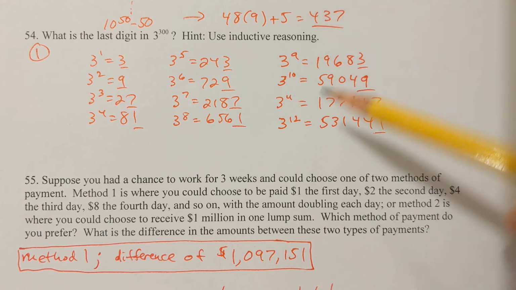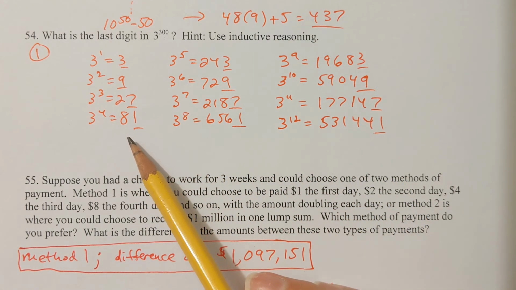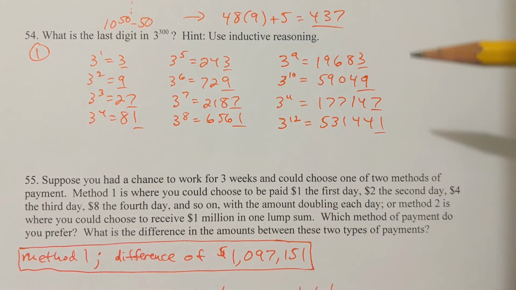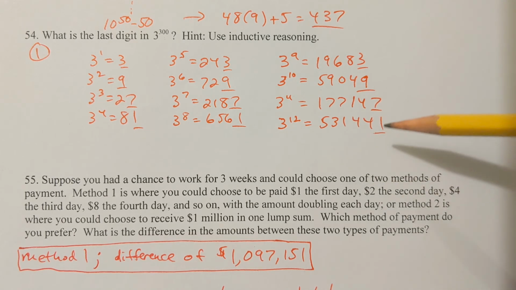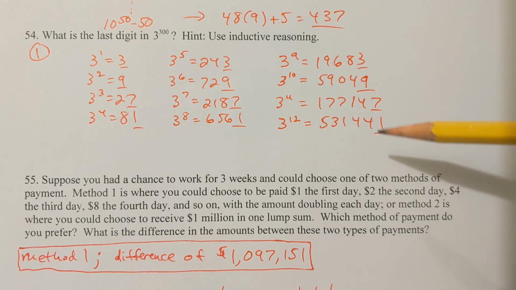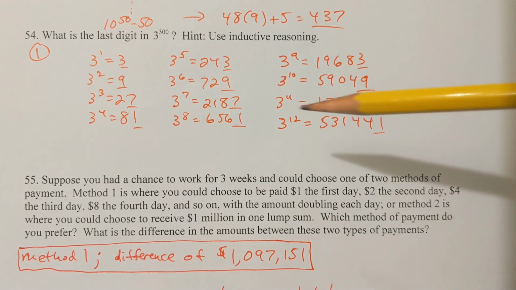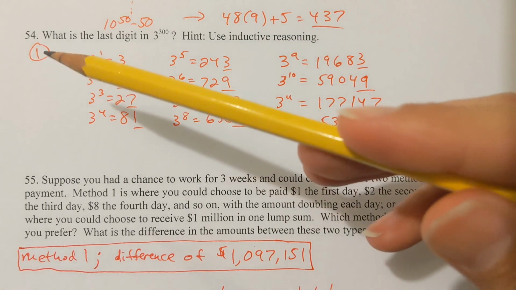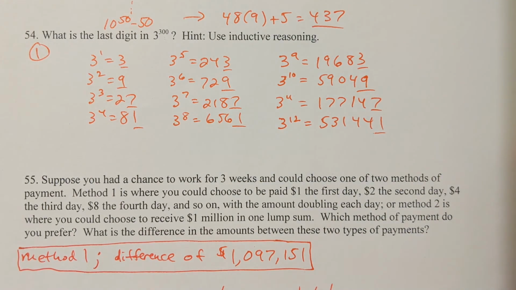And then if I make 25 more columns, again, what would be the last number in the very last column there would be something that ends in a 1, and that would be whatever 3 to the 300th power is. Okay? So based on what I see here, and using inductive reasoning, 1 would be what I would guess. Okay?